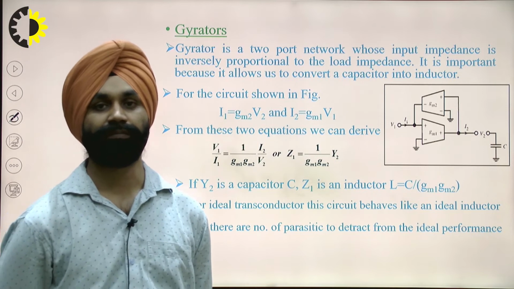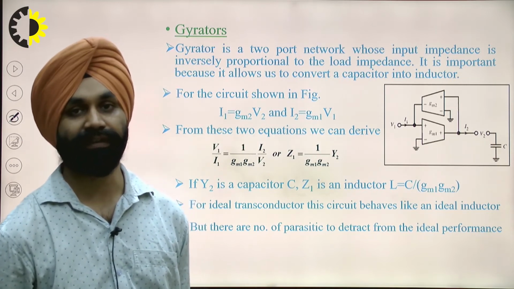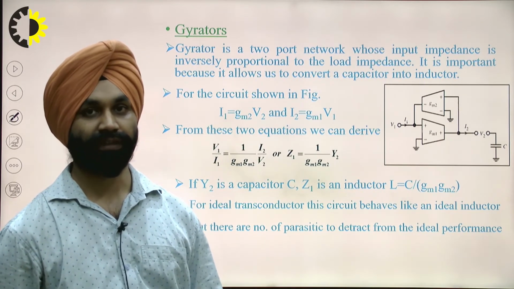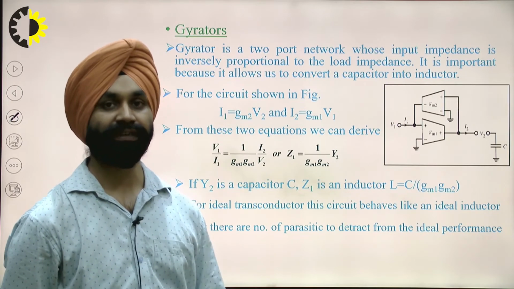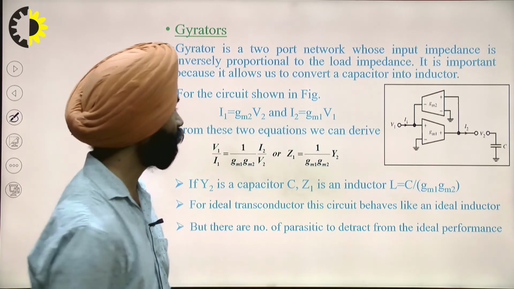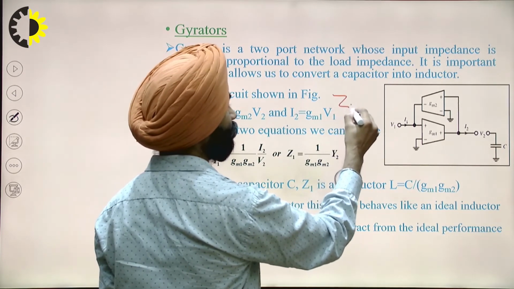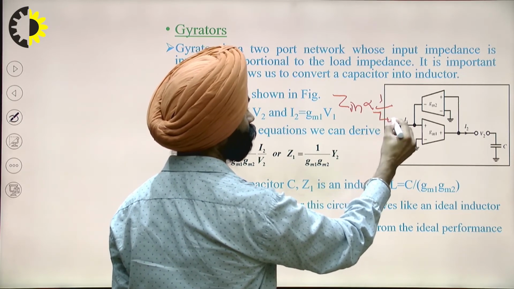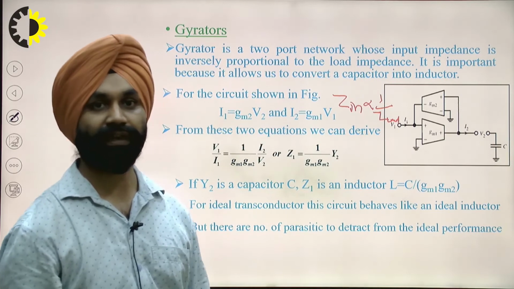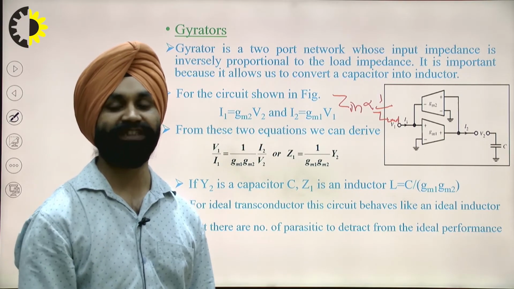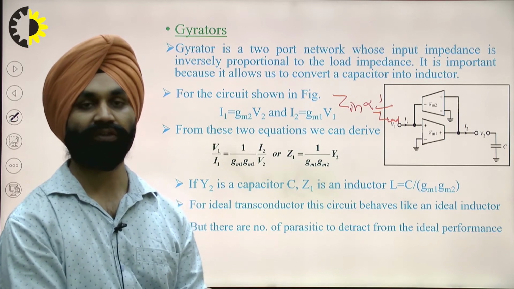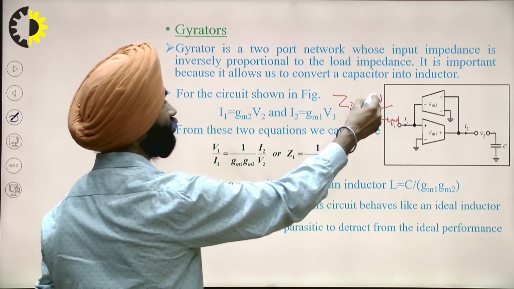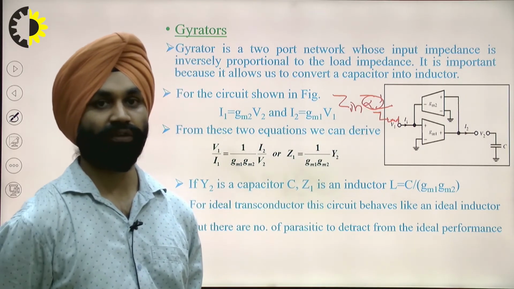To simulate an inductor, we need gyrators, and in the previous unit we have seen that a gyrator is a circuit whose input impedance is proportional to the load impedance, or we can say that Zin is proportional to 1 by Z load, and the proportionality constant was R square for the GIC. Here the proportionality constant is Gm, which is transconductance. So we can replace the proportionality constant by Gm.